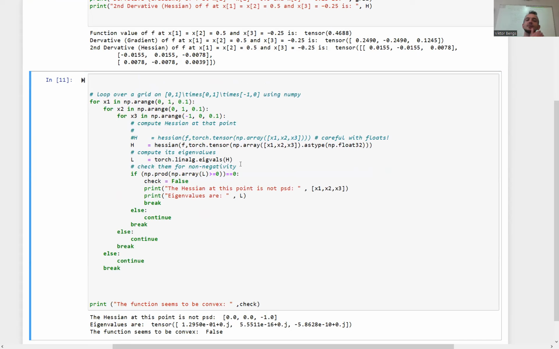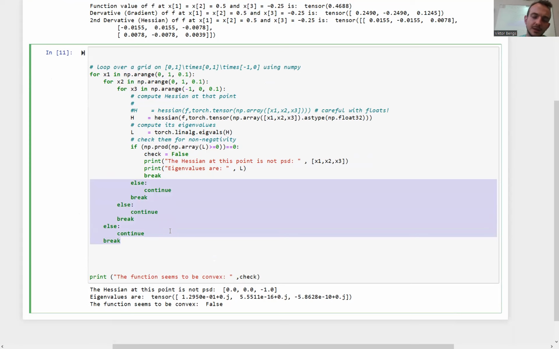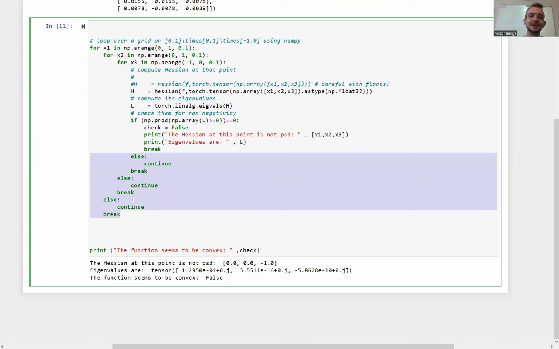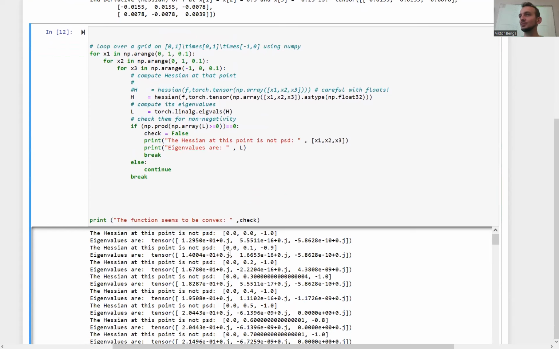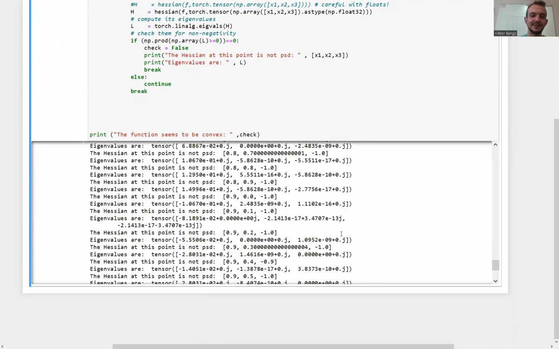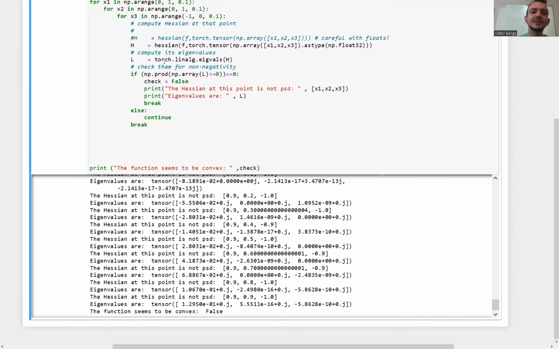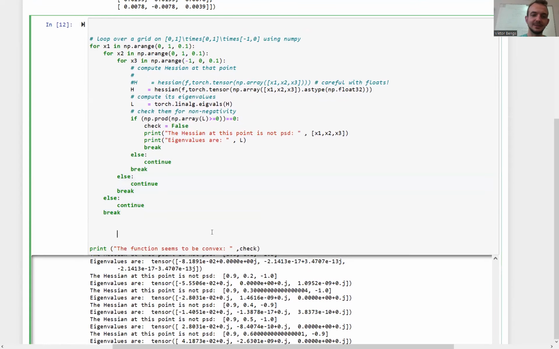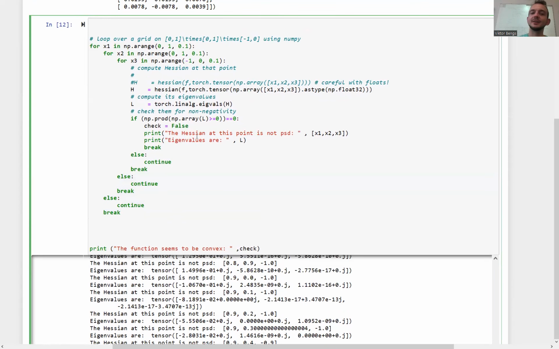And I also have here a quite complicated else, break, continue structure, because if I leave this out, you will get that it's only closing the most inner loop, of course, and then you get here a couple of points where the convexity or the positive semi-definiteness is not fulfilled.